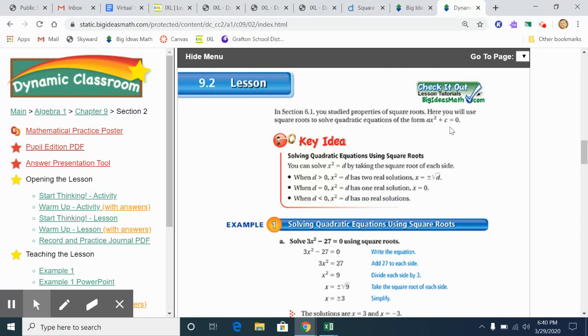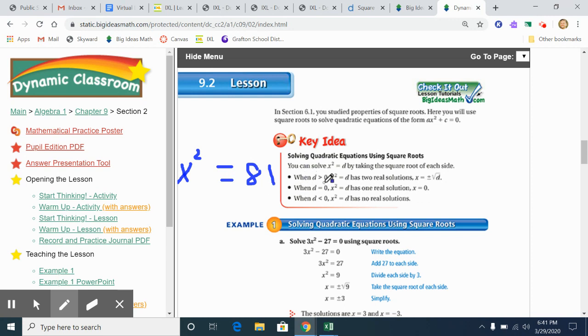All right. Then underneath it says, here's a key idea. Solving quadratic equations using square roots: you can solve x squared equals some number, d, they're using as a variable, by taking the square root of each side. So I'm going to write a quick example. x squared equals 81.